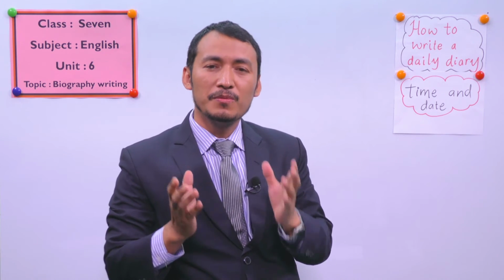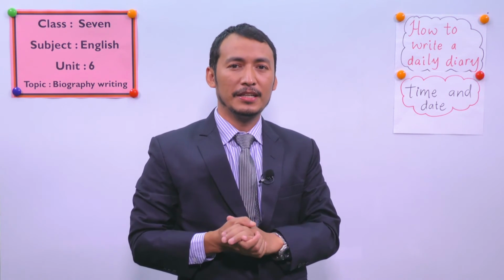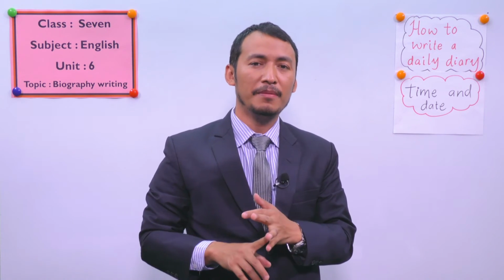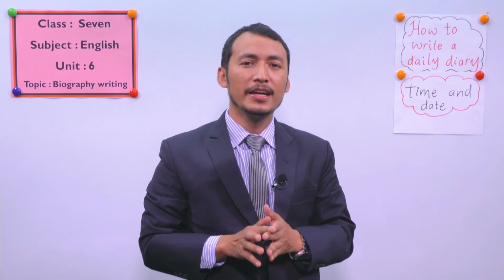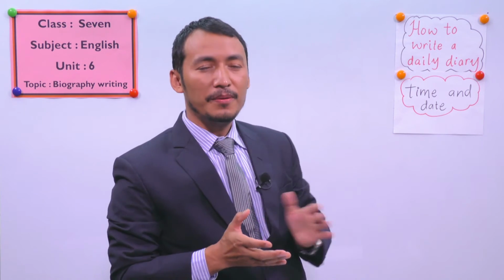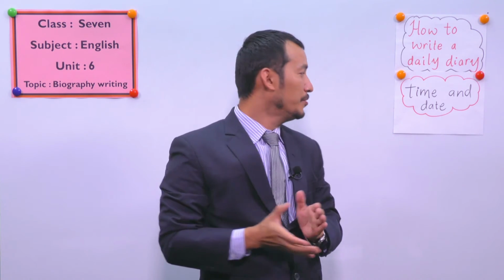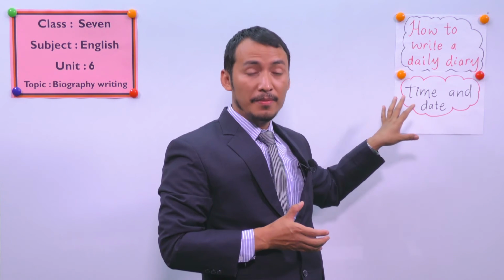Time means at what time or o'clock you are going to write, in the evening, early in the evening or late in the evening. Or you can mention the date. What is the date that you are going to write on?